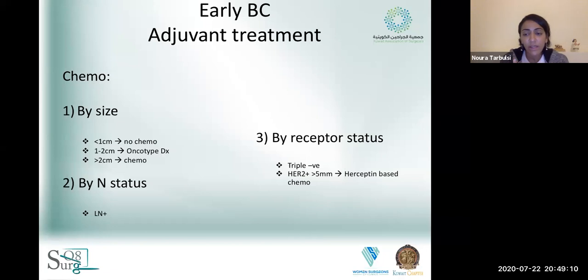So for early breast cancer, we talked about surgery, we talked about indications of radiotherapy, and now indications of chemotherapy: it's by size, by node, by receptor status. Oncotype is the one going back to the size. If it's high risk of recurrence, we're going to offer them chemotherapy.